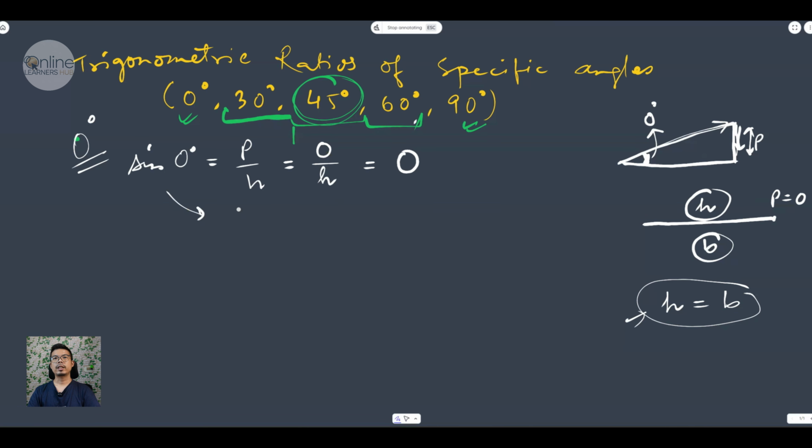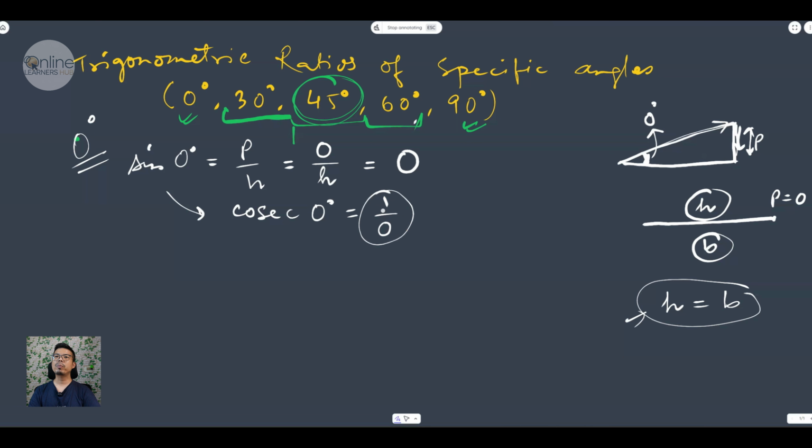Now, let's talk about cosec. Cosec 0 degree. What is cosec? Cosec is the reciprocal of sine. Don't forget, the reciprocal of sine is cosec, the reciprocal of cos is sec, and the reciprocal of tan is cot. So cosec 0 will be the reciprocal of 0, which is 1 upon 0.